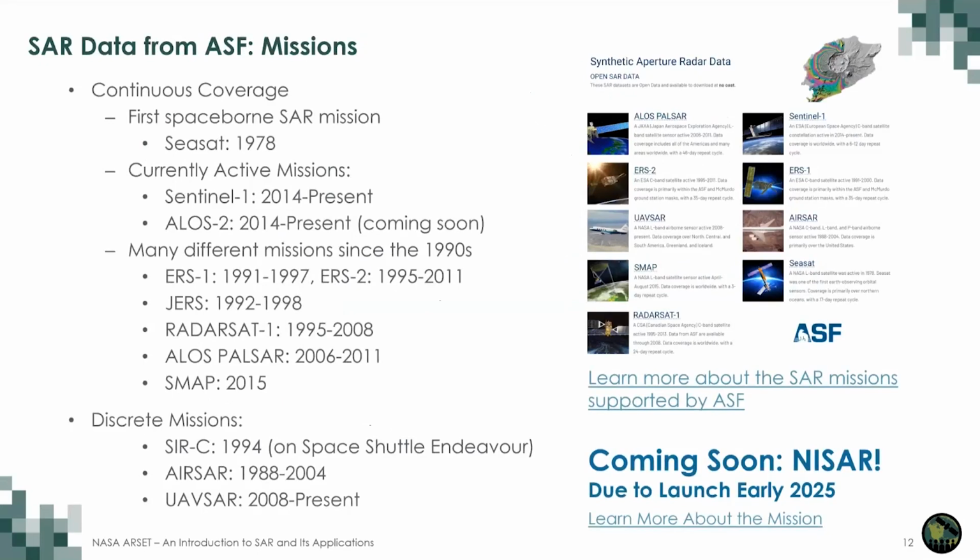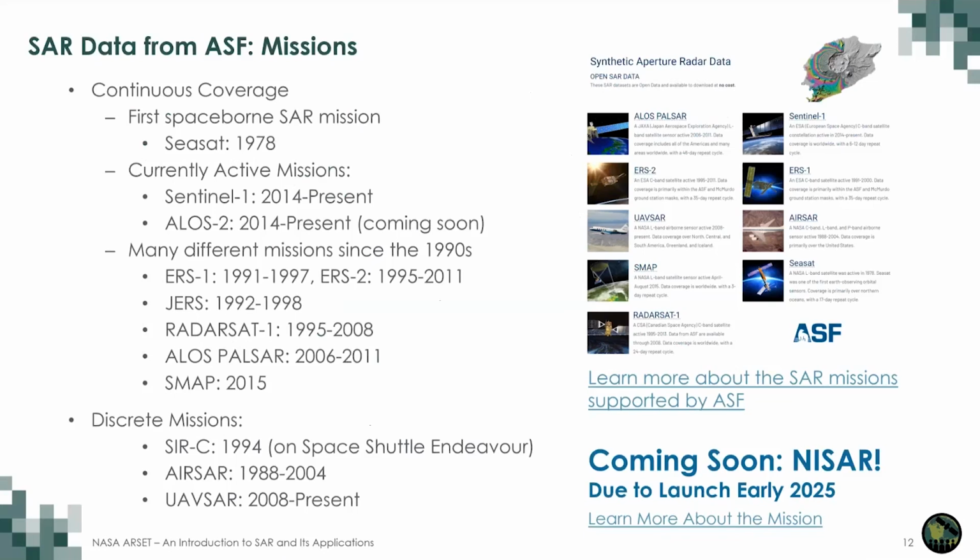ASF supports quite a range of missions, including those that have continuous coverage, such as the very first spaceborne SAR mission, which was Seasat in 1978, all the way through to currently active missions, including Sentinel-1 and ALOS-2. For Sentinel-1, we have the entire archive of data that's been acquired from that mission from 2014 to the present.